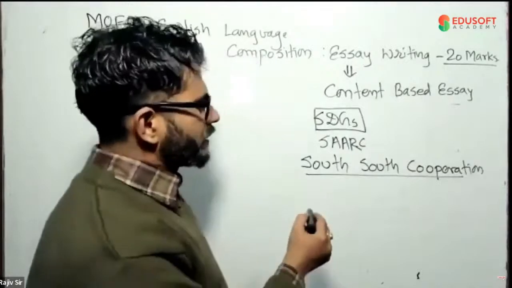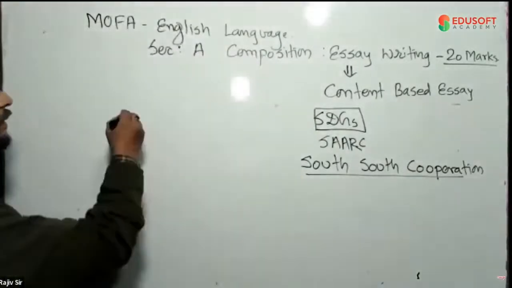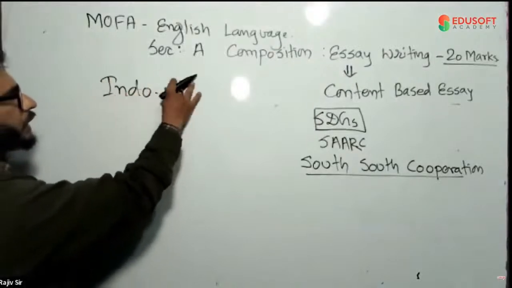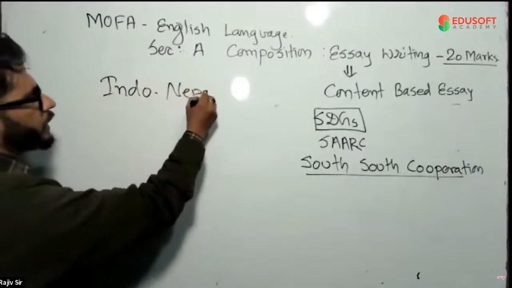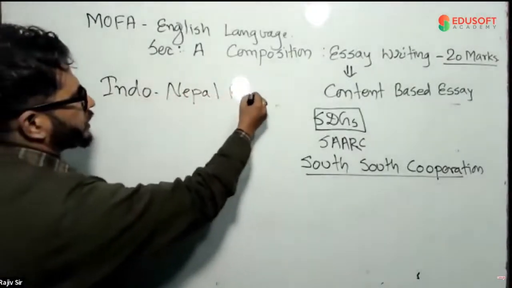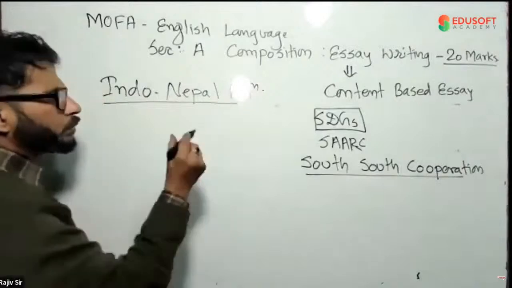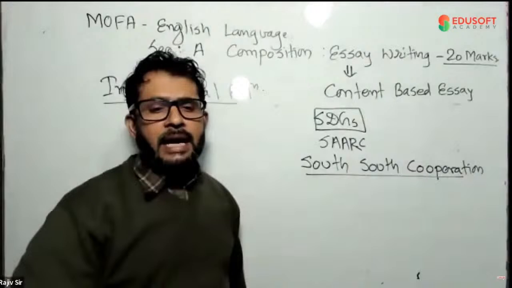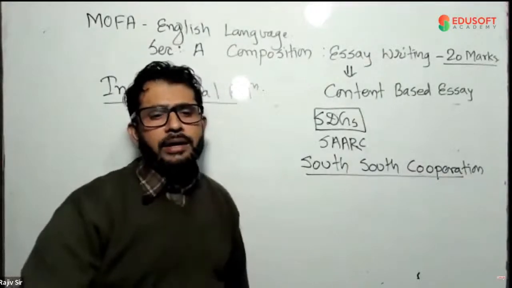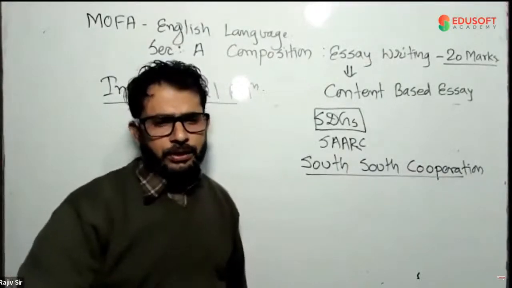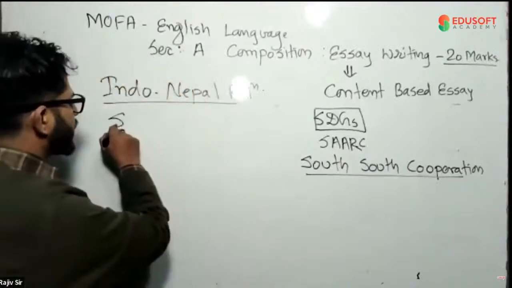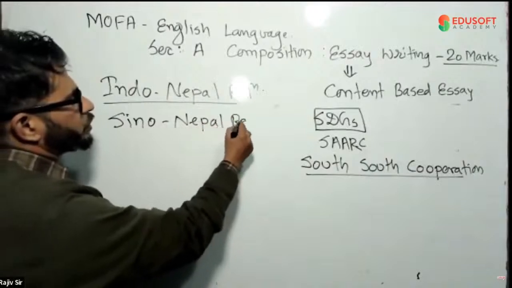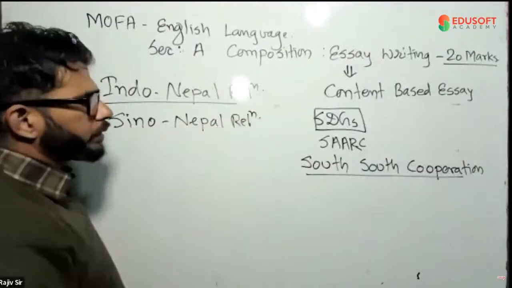Similarly, in the same year, you were asked about the Indo-Nepal relationship. What I want you all to know is that you must have content in order to answer such questions. There was also a question regarding the Sino-Nepal relationship. Sino means China-Nepal relationship.